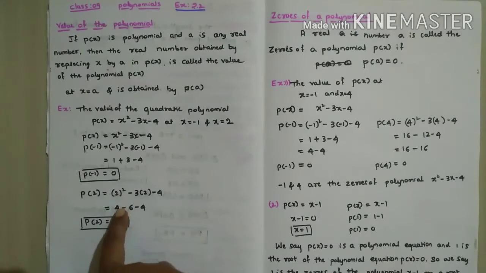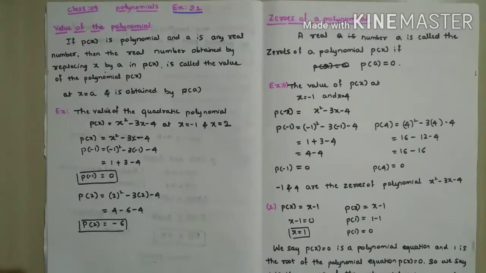So 2 square is 4, minus 6, minus 4. Adding minus 6 and minus 4 gives minus 10, plus 4 will become minus 6. So p of 2 is minus 6. This is a value of the polynomial. If you replace x with any real value, we will get one value, and those are called values of the polynomial.